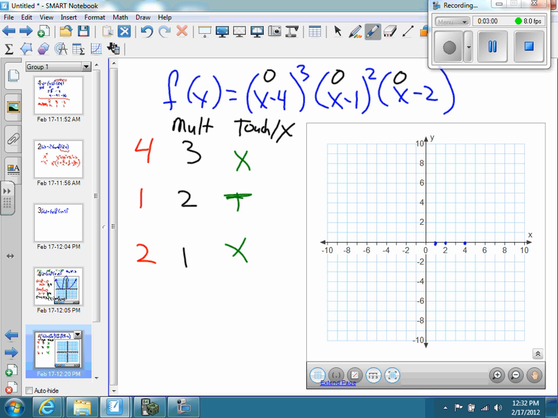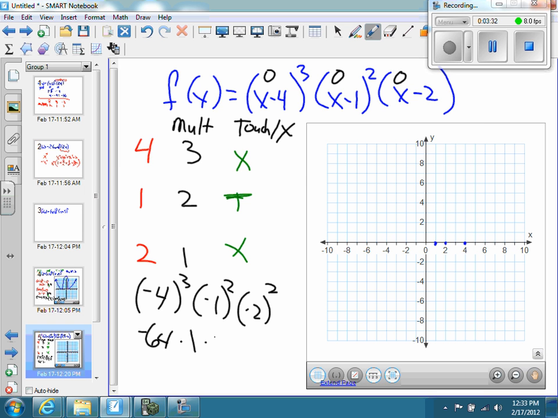So that means this is going to be -4 cubed, and this is going to be -1 squared, and that's going to be -2. You see that, Megan? Okay. So -4 cubed is -64, right? So that's -64 times -1 squared, which is just 1, times -2.